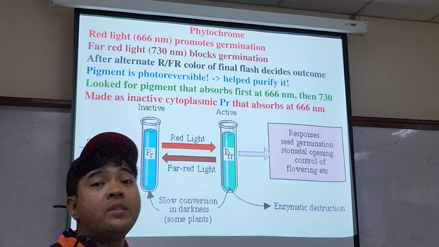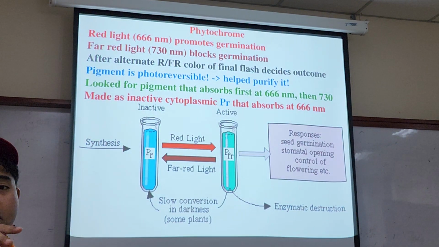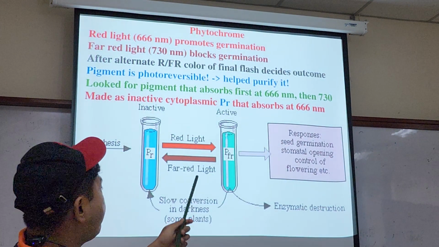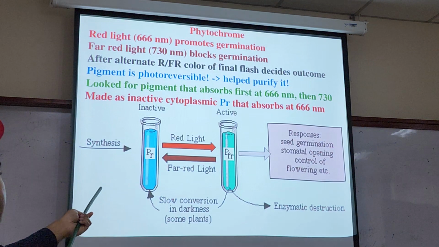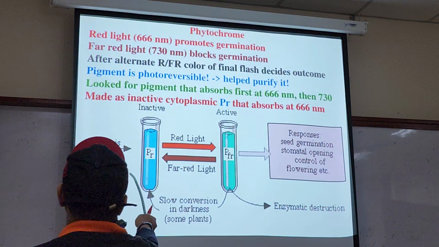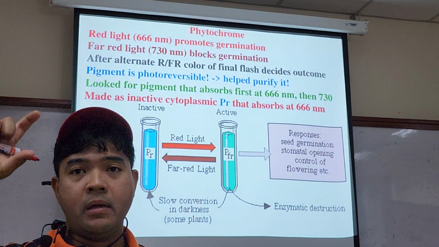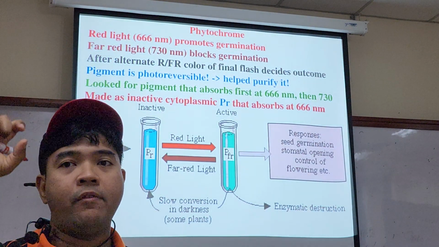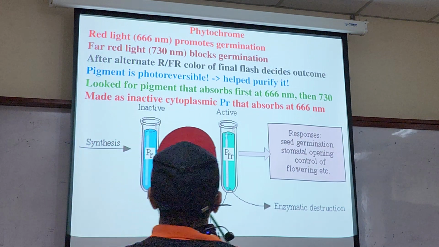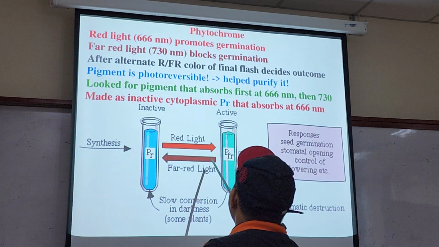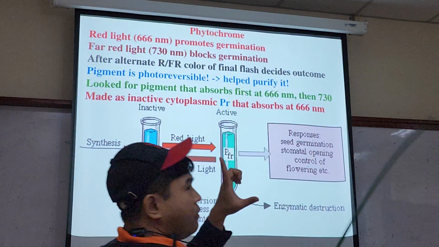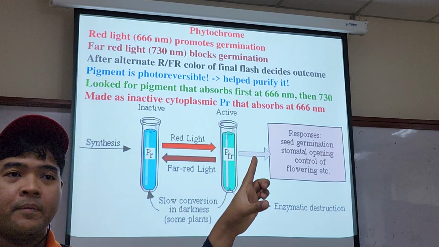It's got two forms, cyan or blue-green on the PFR side. When it's inactive, the PR, the solution is actually bluish. When you extract it and put it in a vial and shine the red light upon it, suddenly the vial changes color.